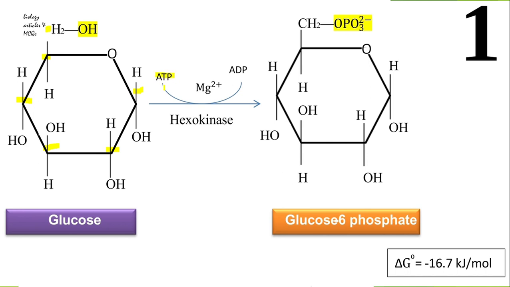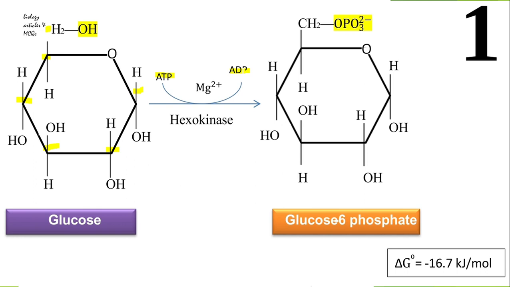The ATP, adenosine triphosphate, will split into ADP, adenosine diphosphate, and you know that the ATP has a total of 3 phosphate molecules while the ADP has 2 phosphate molecules, means the ATP is now converted into a 2-phosphate molecule structure, that is ADP, and one inorganic phosphate will be released.